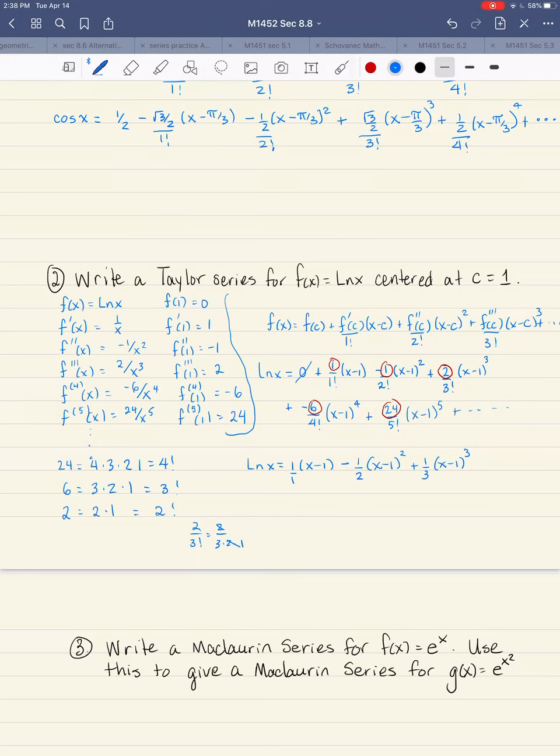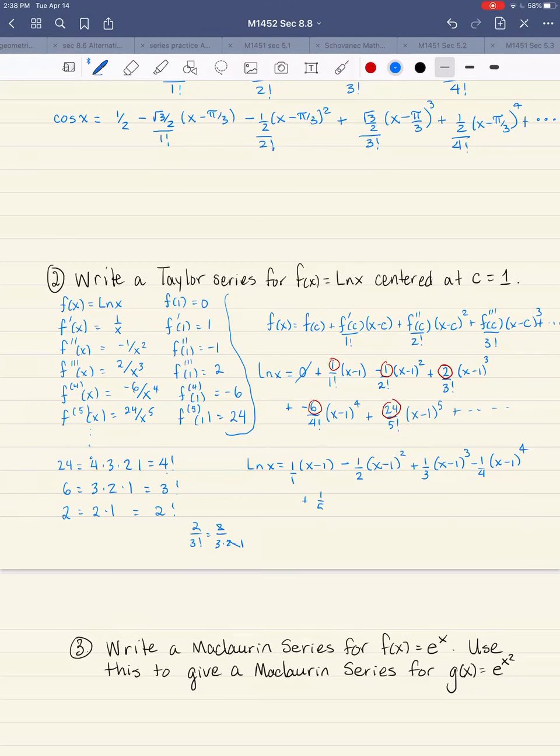And then the 6 over 4 factorial. 6 is 3 times 2 times 1, and 4 factorial is 4 times 3 times 2 times 1, so 3, 2, 1 will cancel, leaving a 1/4. And there's a minus sign there, so minus 1/4 times (x minus 1) to the 4th.